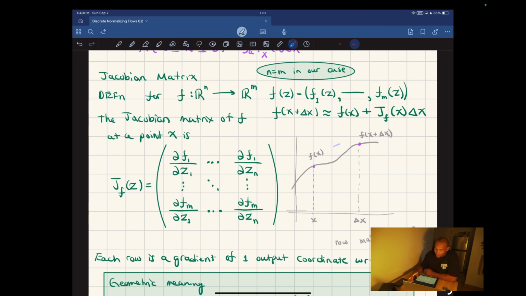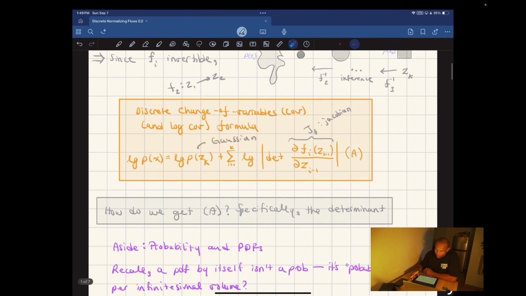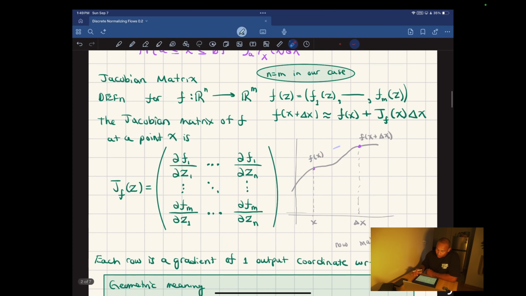Okay, so let's move on to the Jacobian. A bit more scaffolding before we can fully explain what this means. Say we have an f that maps n-dimensional vectors to m-dimensional vectors. Now, in our case, n is going to be equal to m, so moving forward, you can consider n equal to m.